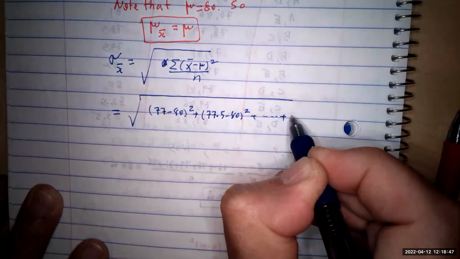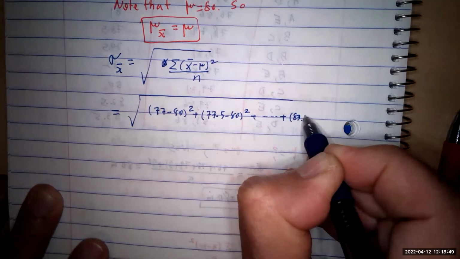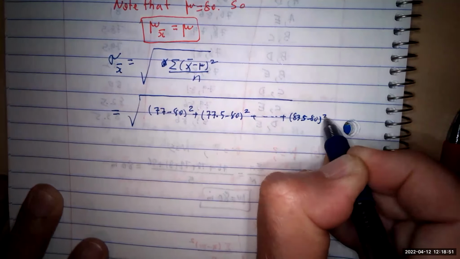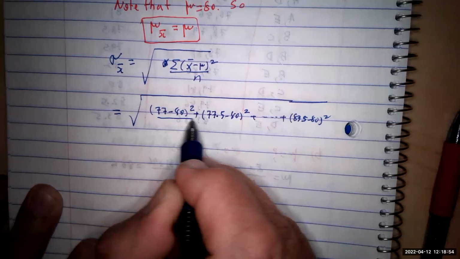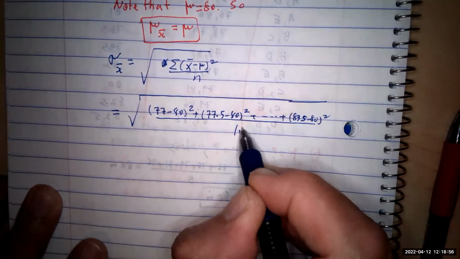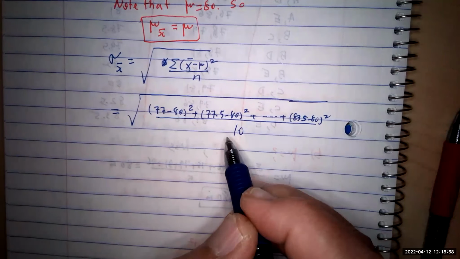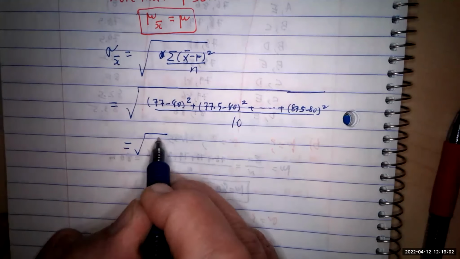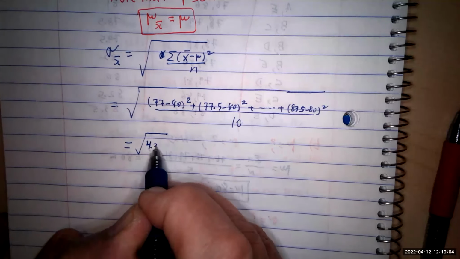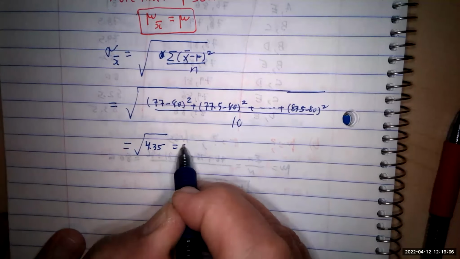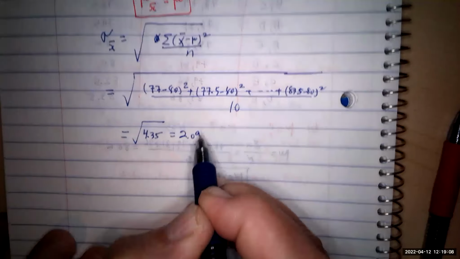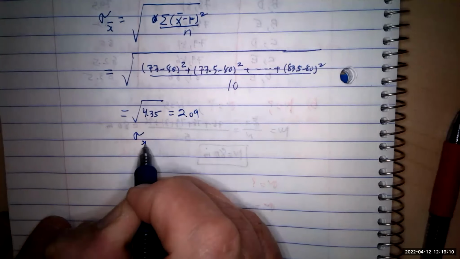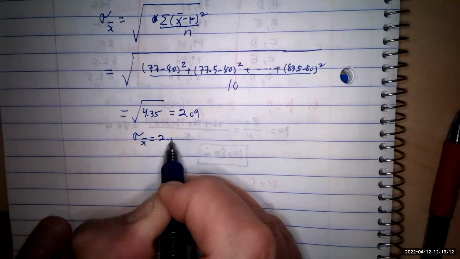Again, it can be done by calculator. 3.5 minus 80, all squared. Now you divide it by 10. If you simplify this with your calculator, that gives the square root of 4.35, which is 2.09. So sigma of X bar is going to be 2.09.